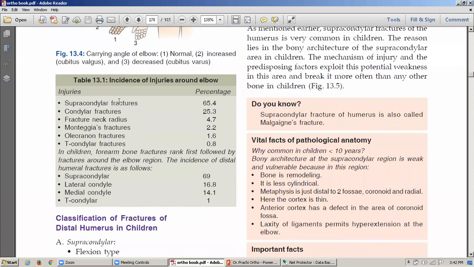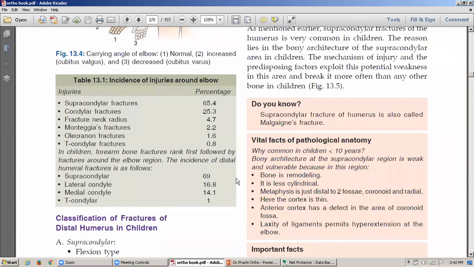In this table, you can see the incidence of injuries around the elbow: supracondylar fractures are 65.4%, condylar is below that at 25.3, fracture neck radius is 4.7, Monteggia fracture is 2.2, olecranon fracture is 1.6.